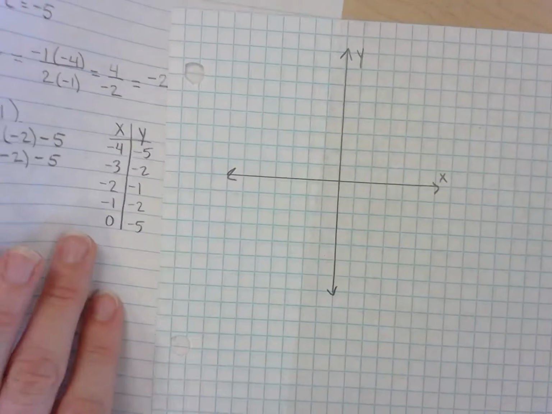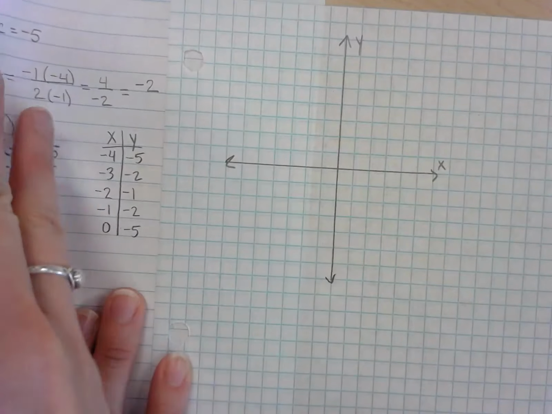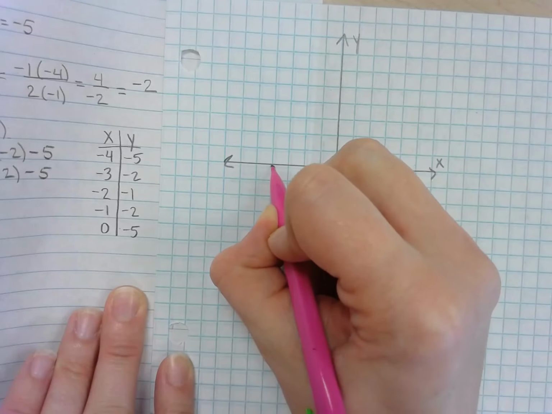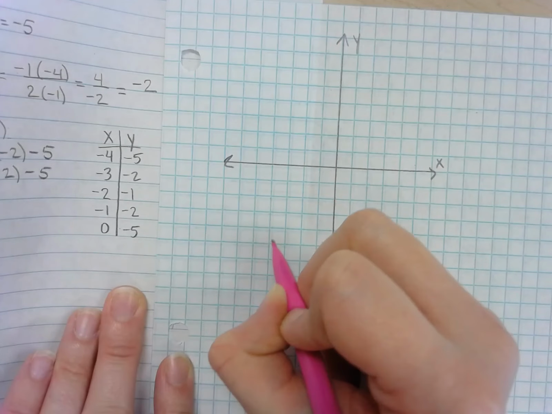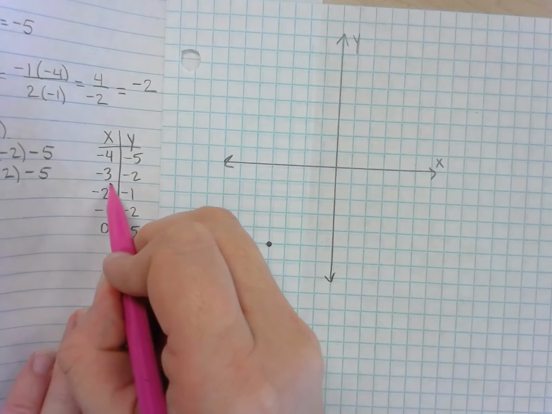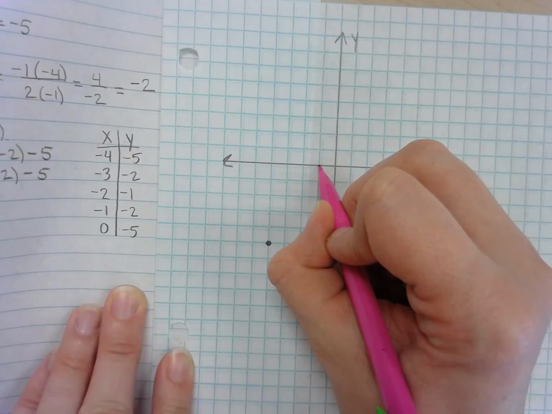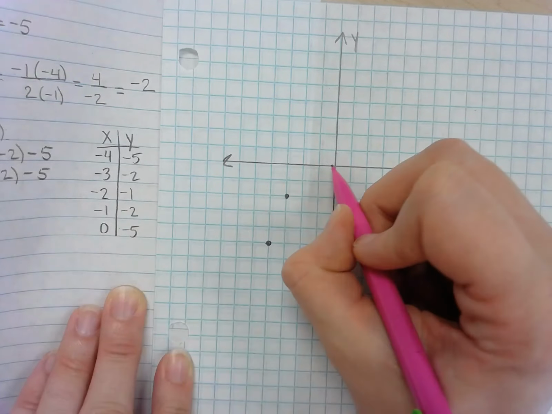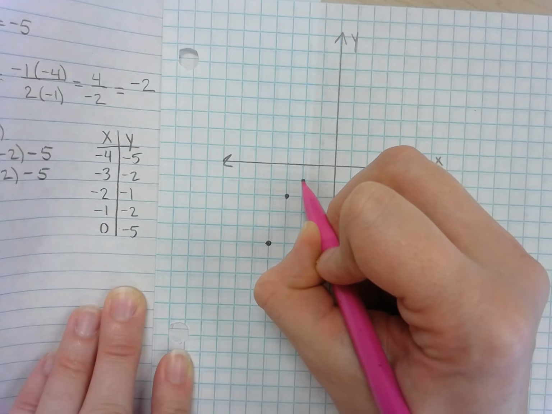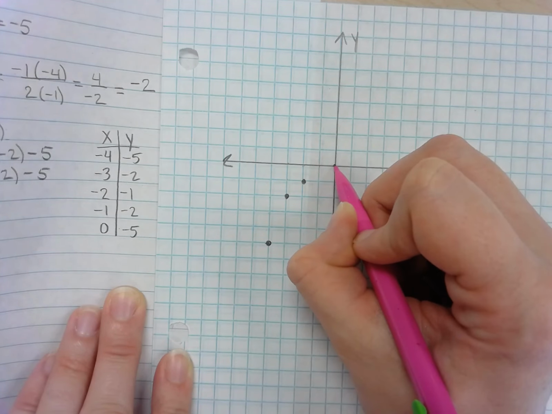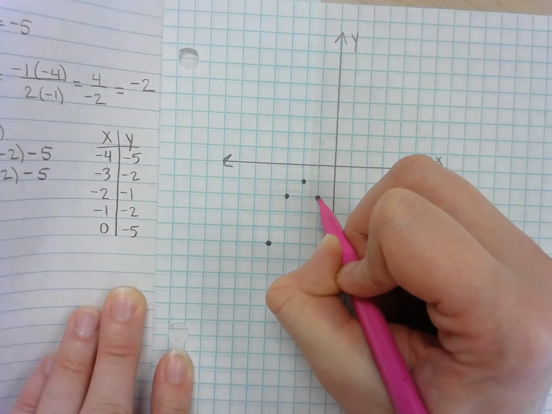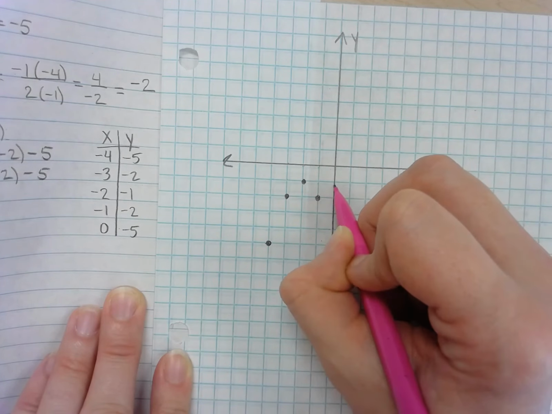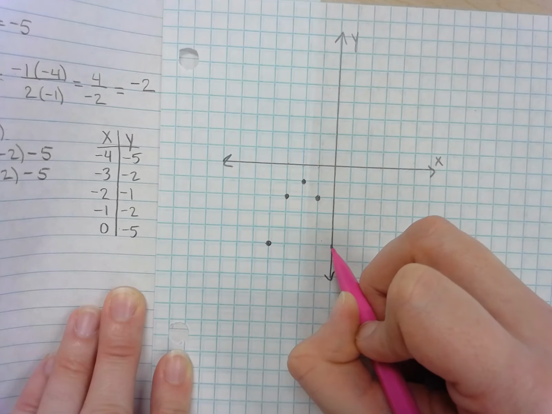We'll have our first point at -4, -5, so move left and then down. -3, -2, again left and down. -2, -1. -1, -2. And finally 0, 0 on the x-axis, and then -5 going down.